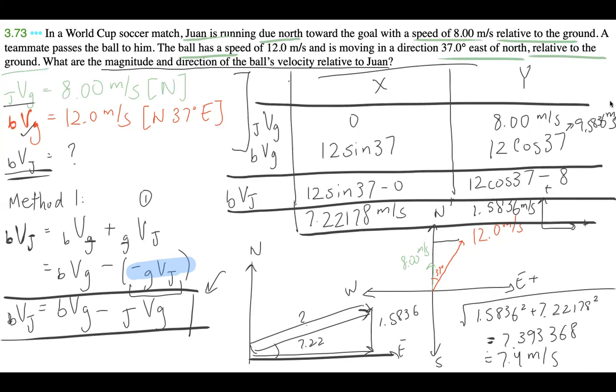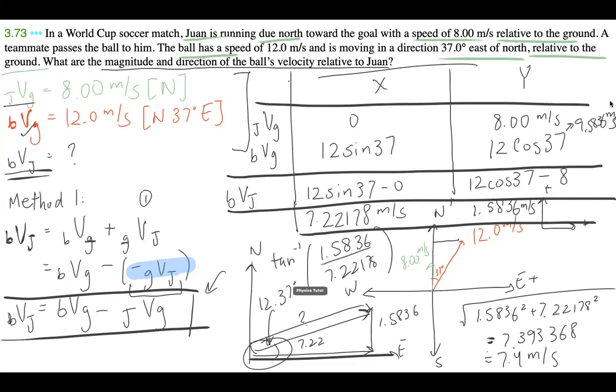And then what about this angle right over here? It's going to be tan inverse, opposite over adjacent, 1.5836 over 7.22178. And then the angle I get is 1.5836 divided by 7.22178. That is going to be 12.37 degrees.